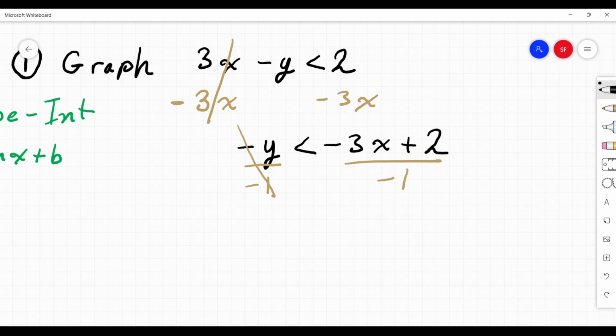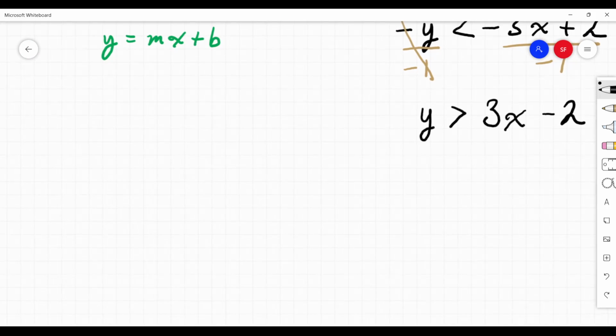So what do we end up with? Y is less than... You divided by a negative, so the inequality flips. 3x minus 2. Plus 2. Oh, you're right. Okay, so now we're going to graph that.